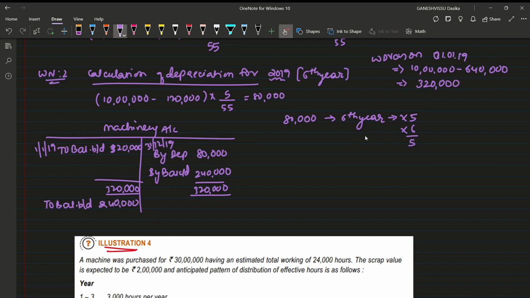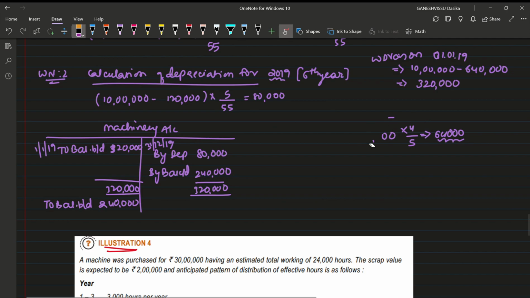Sorry, I think that is 4. I'm sorry, we need to go backwards, right? Into 4 divided by 5. So 80,000 divided by 5 into 4, 64,000 is the depreciation for the 7th year. So that is how we need to check, right?